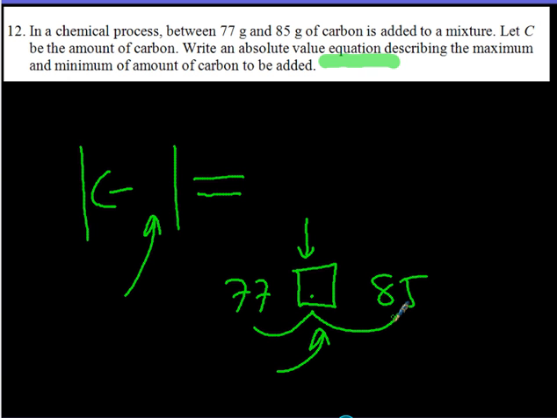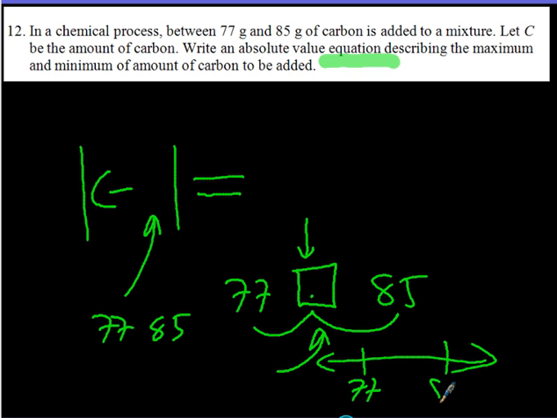So what number is halfway between 77 and 85? Well, on the number line, you can think of it as the midpoint, and you could count. From 77 to 85, that's 8 units. So halfway is 4 units. Add 4 to 77 and you get 81. Add another 4, you get 85.